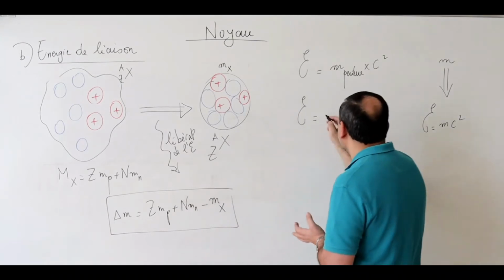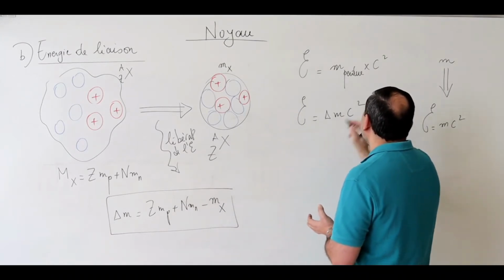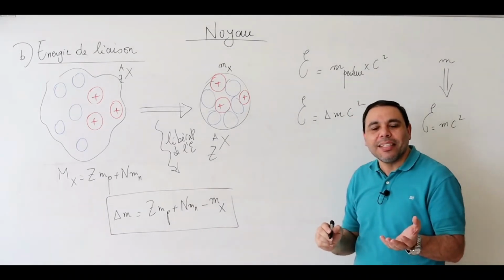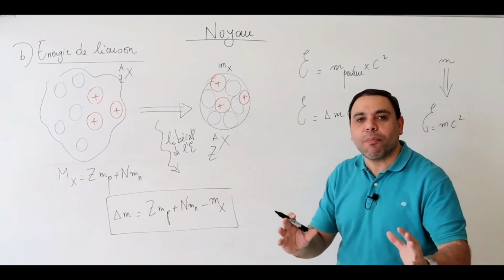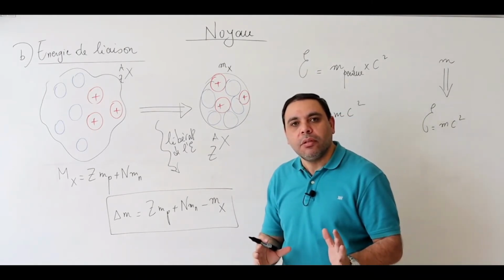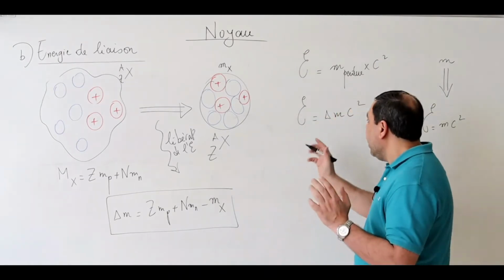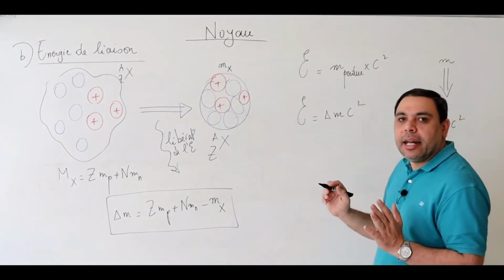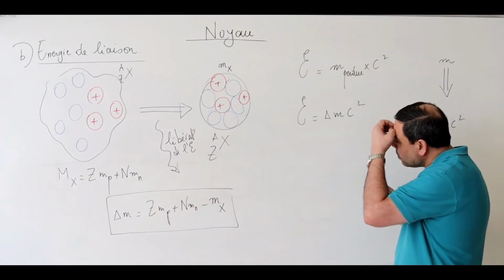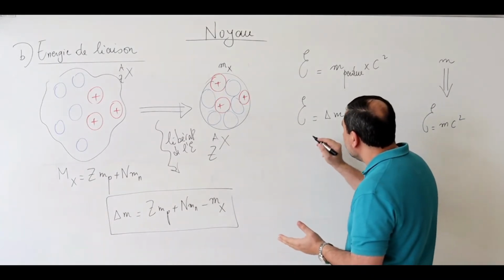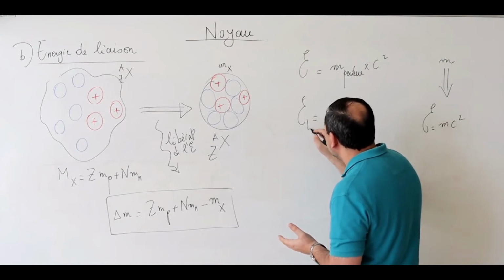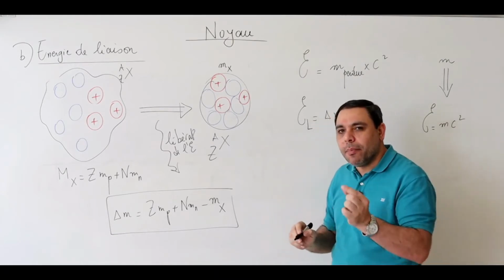The lost mass is delta m. This is the energy liberated during the formation of the nucleus, delta m c squared. This is also called the binding energy of the nucleus.